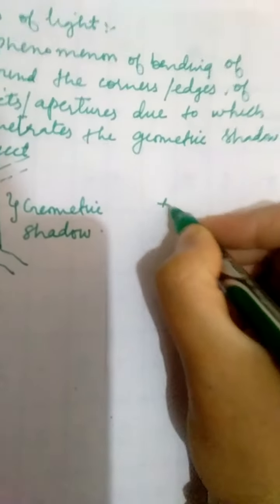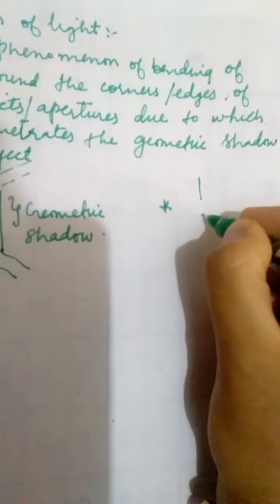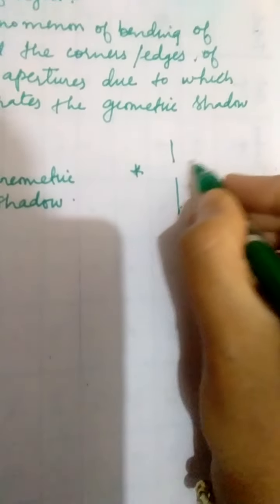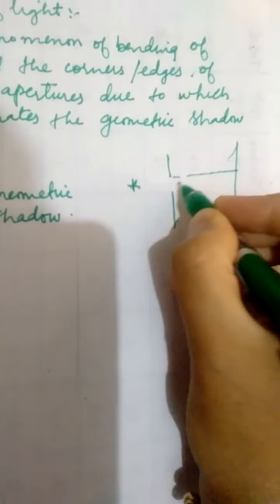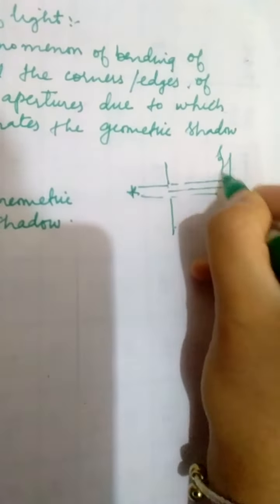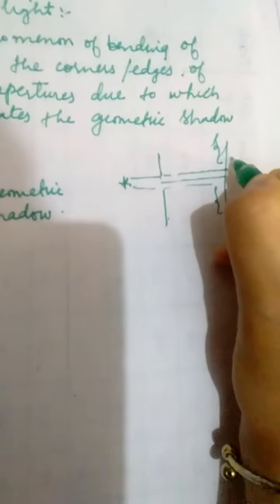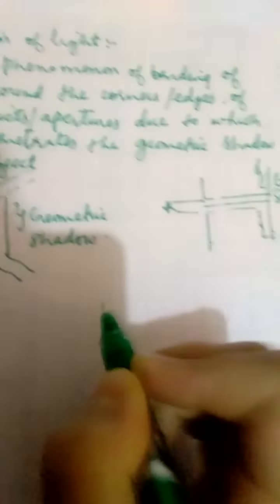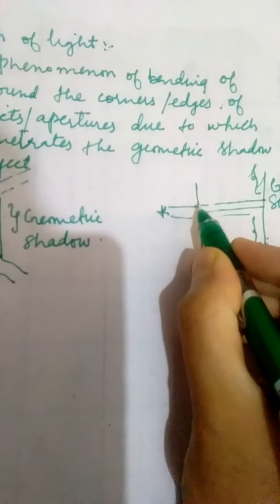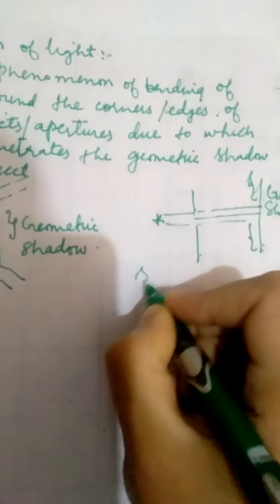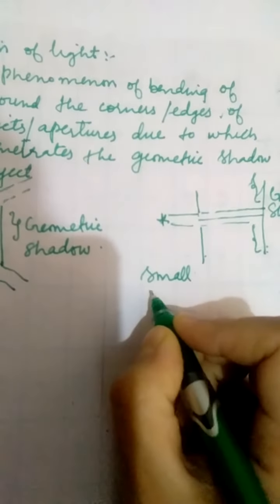Similarly, if you have a light source here and a slit here, and a screen here, for example, what do you expect? You expect that light shall be found in this region and not in this region or in this region. So these regions are again called geometric shadows. But if the size of this obstacle or this slit is small, how small?